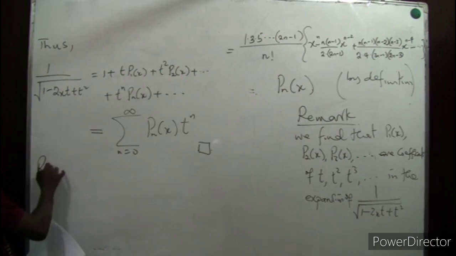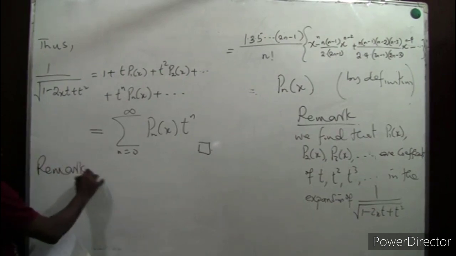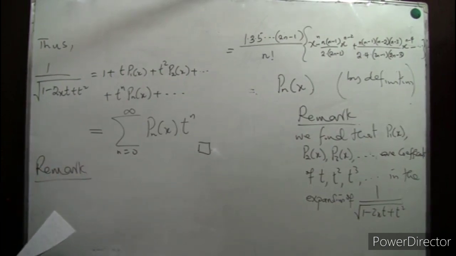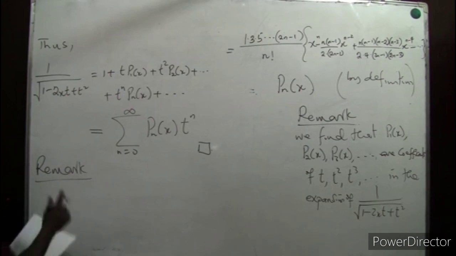Let us take another remark here. I have said this earlier on, but let me make it as a remark here, since we'll be moving to where we need to apply the generating function.